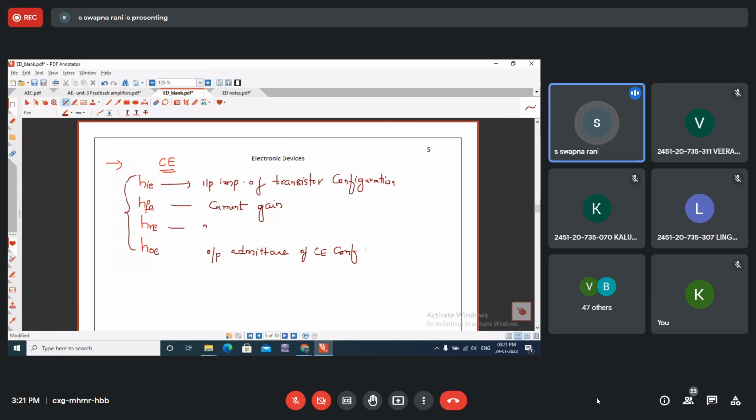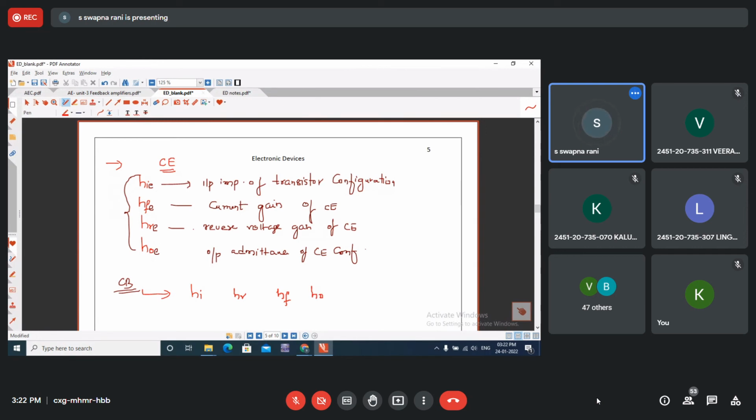This is the reverse voltage gain of CE and current gain of CE. Suppose if we talk about CB, the same H parameters we are going to write as HIB, HRB, HFB, HOB.